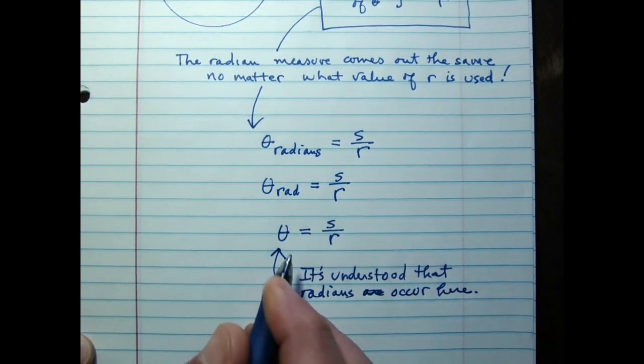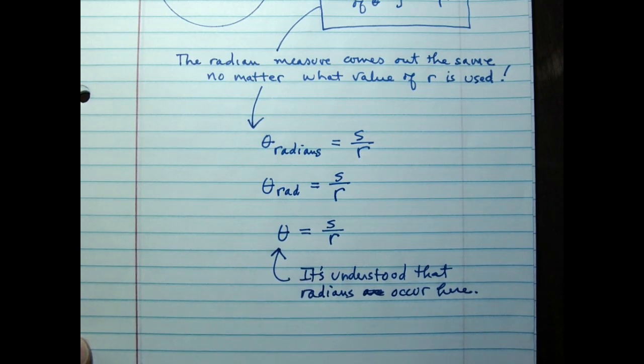So when you see theta written in this way, it's always theta in radians, not theta in degrees.